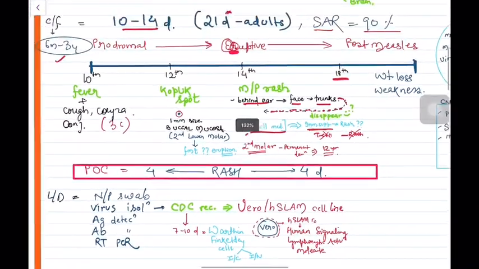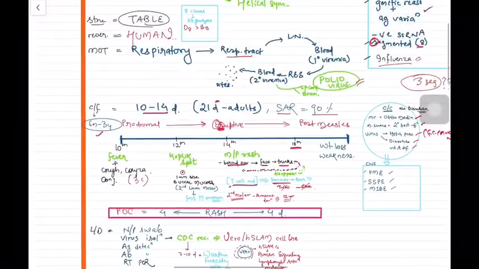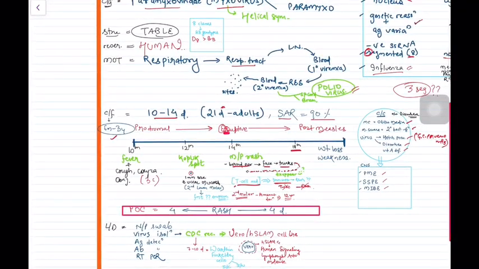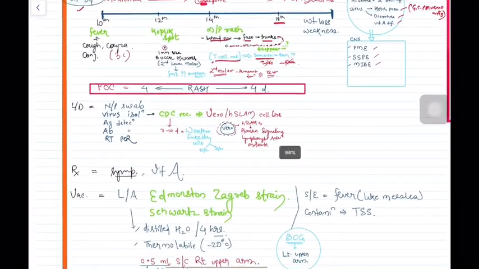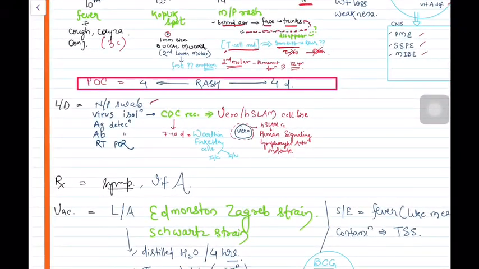So this covered almost 5 subtopics: classification, structure, reservoir, MOT, and clinical feature. Now coming to lab diagnosis, you will take a nasopharyngeal swab and do a virus isolation, and this is important, the CDC recommended cell line is Vero/H SLAM cell line.